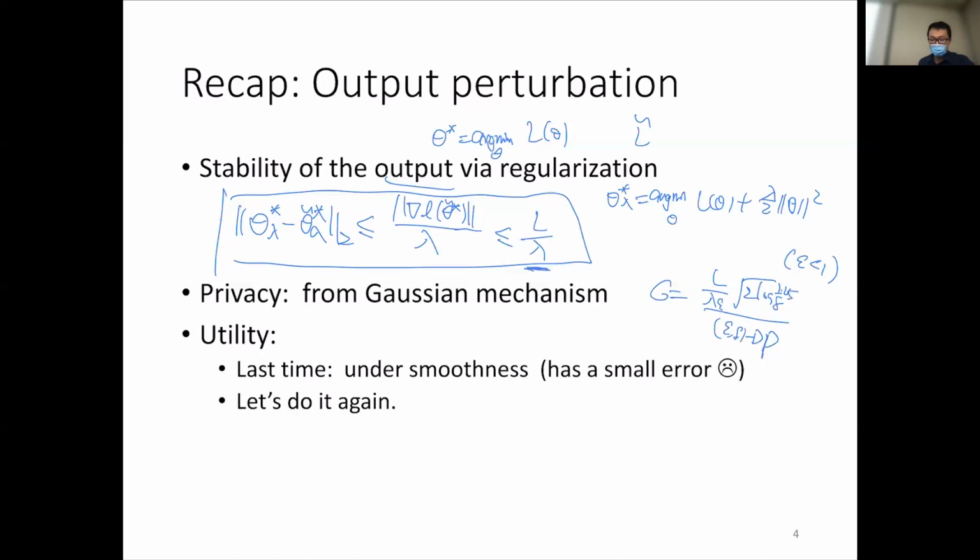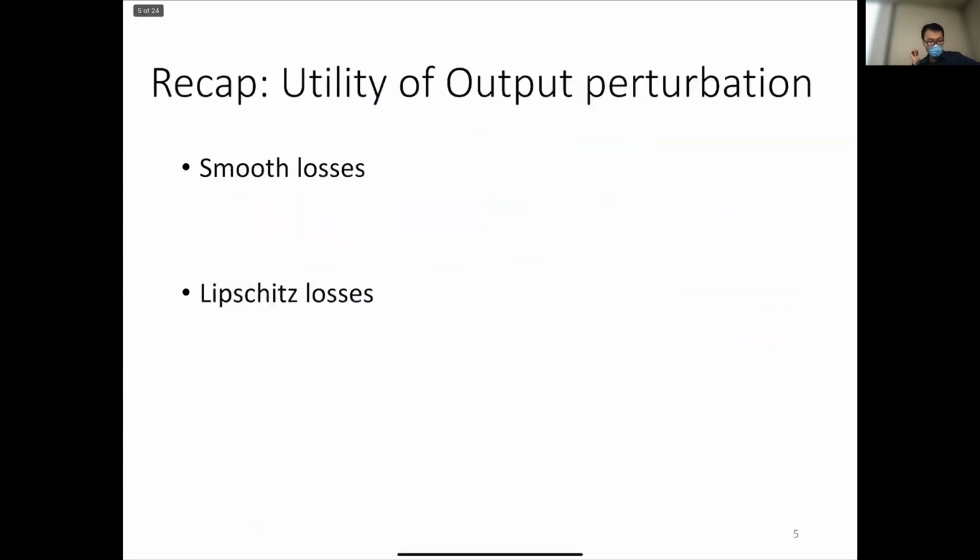And I'm also gonna reanalyze output perturbation under the weaker condition of only the Lipschitz property, rather than assuming both the smoothness and Lipschitzness. Okay, so let's try doing it again.